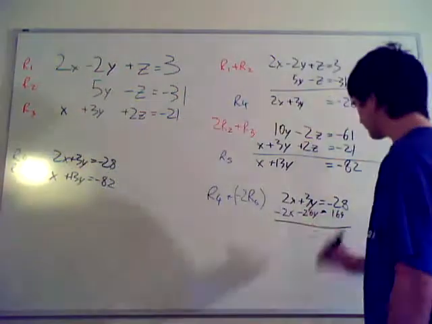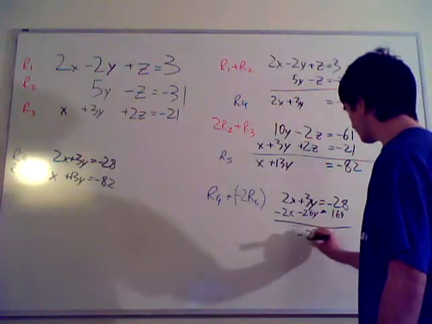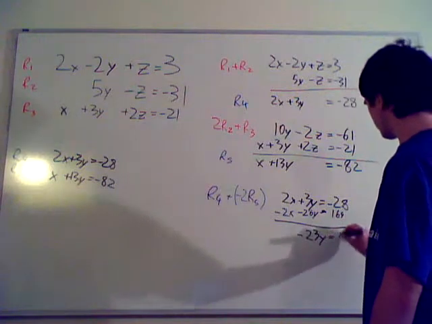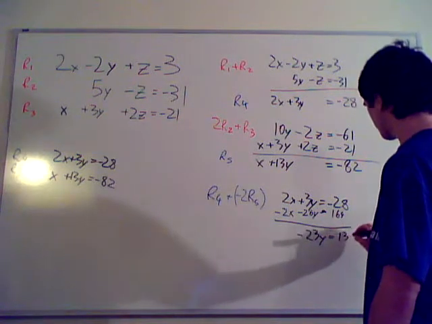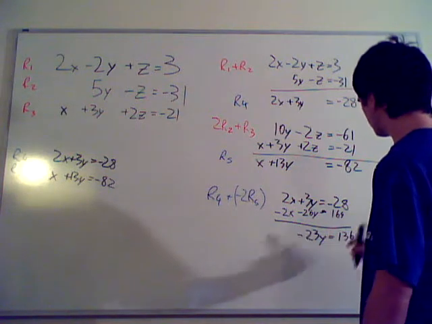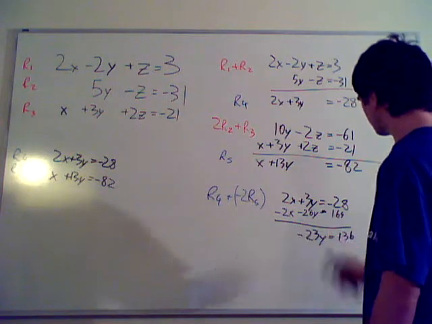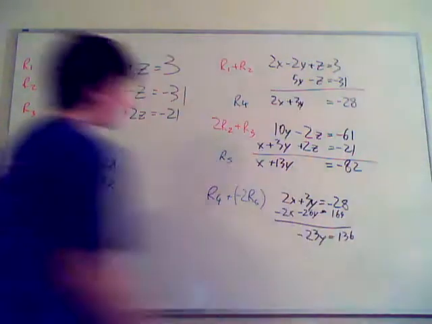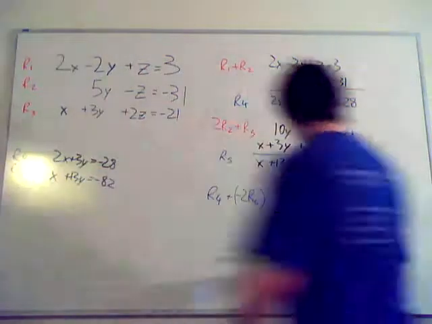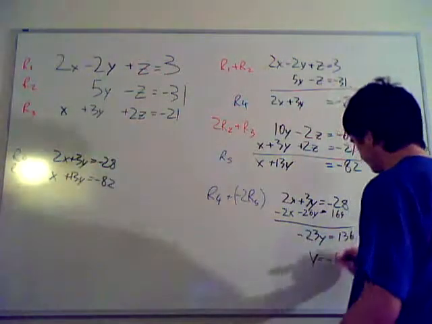And these cancel. And you get over here negative 23y equals 136. Okay? So now you just solve for y. That means that y is equal to negative 6.